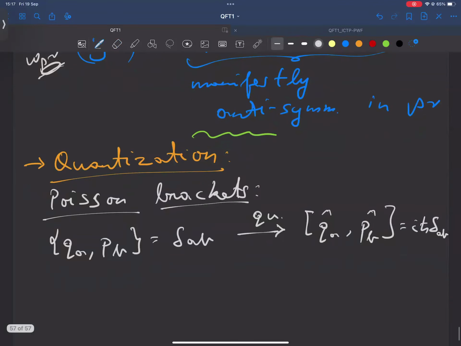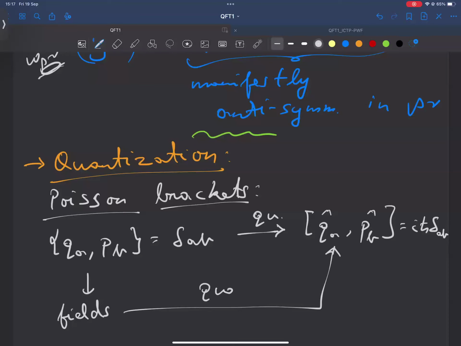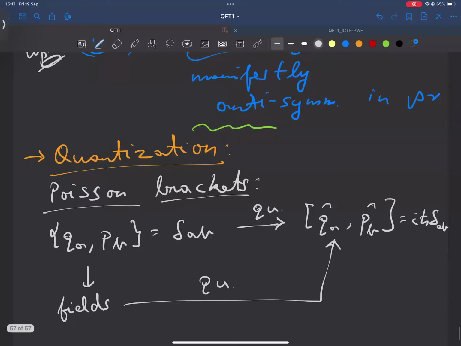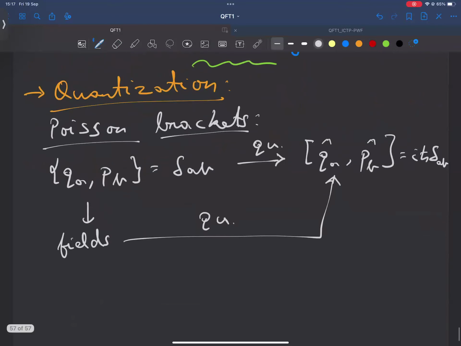So this was the process of quantization, and now we learned classical field theory where we promote them to fields. Okay, so we will promote these objects to fields, and then we will go to quantization, this Qu map. So what we will have, at the end of the day, are operator valued fields.